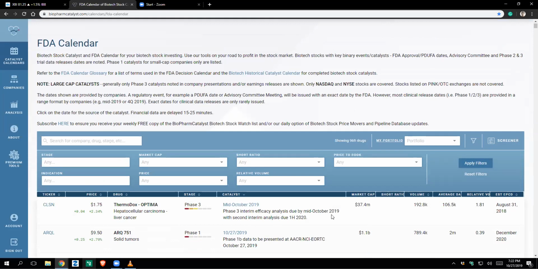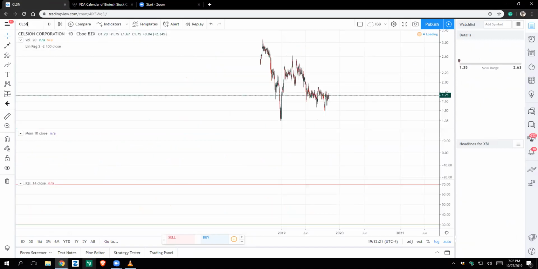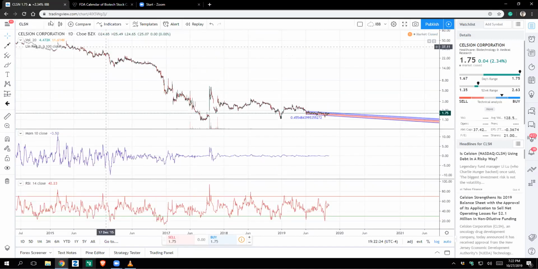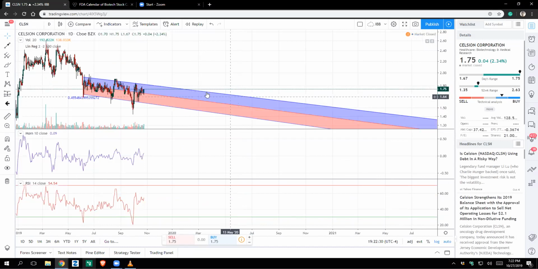So they expect data by mid-October, which is already past. I want to just quickly look at the charts also. This is a company which I'm not very interested in, so let's skip this one.